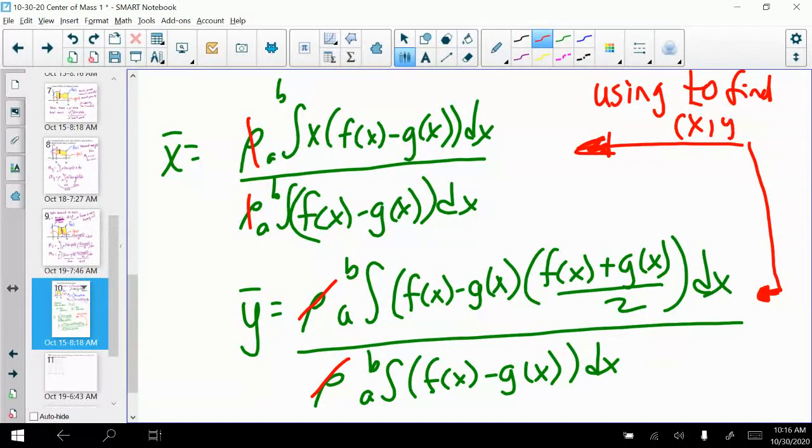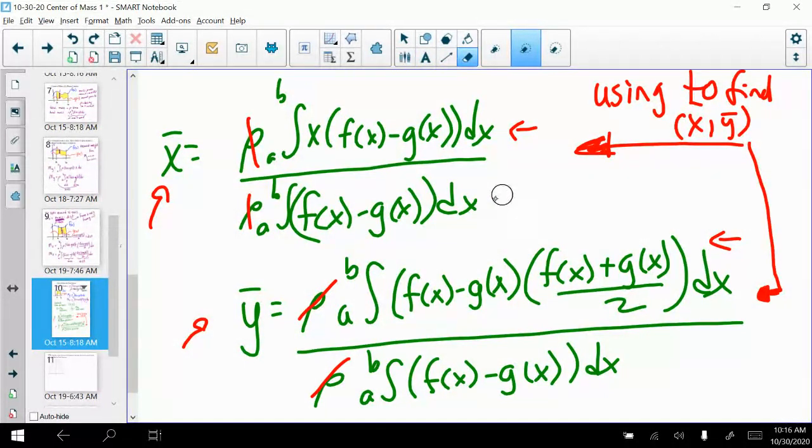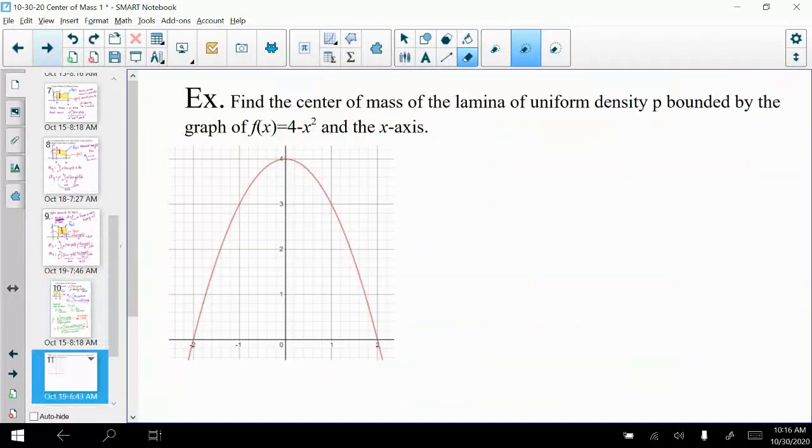I believe on our homework it has you do it separately. Find the moment about y, find the mass, find the moment about x, and then find x bar, y bar. Or maybe it doesn't ask you to find the total mass on your homework. It just asks you to find the moment about y and the moment about x, and then the x bar, y bar, but you still have to find the total mass to do that. Okay, example. So if you're feeling brave, try it, right?